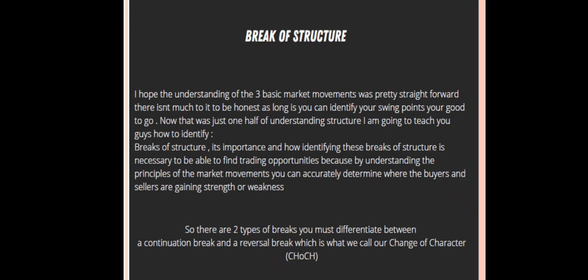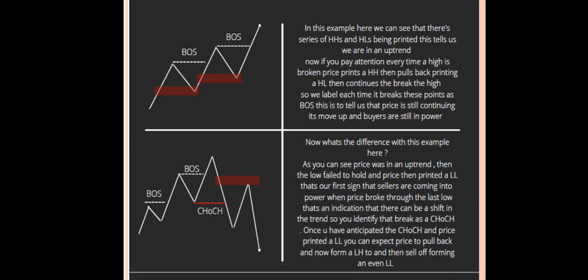In the first example we have a box. On each, we see a box created in an uptrend, because here we have higher highs, then higher lows, and at the higher lows is where we have an order block. In this example, a series of higher highs and higher lows are being printed, and this tells us that we are in an uptrend.